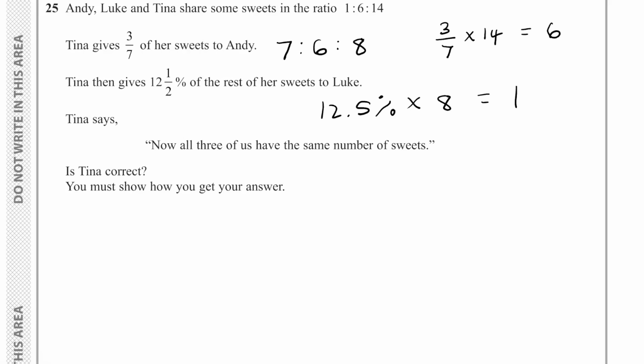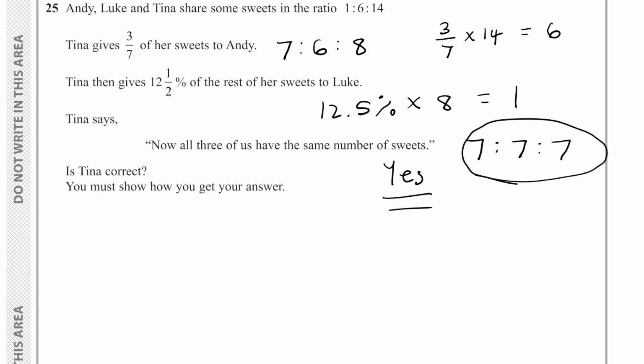So if Tina goes down by 1 and Luke goes up by 1, we'll get 7 to 7 to 7. Now all three of us have the same number of sweets. Is Tina correct? Yes, she is. So we've got 7 to 7 to 7 because she gave 6 to Andy and 1 to Luke.